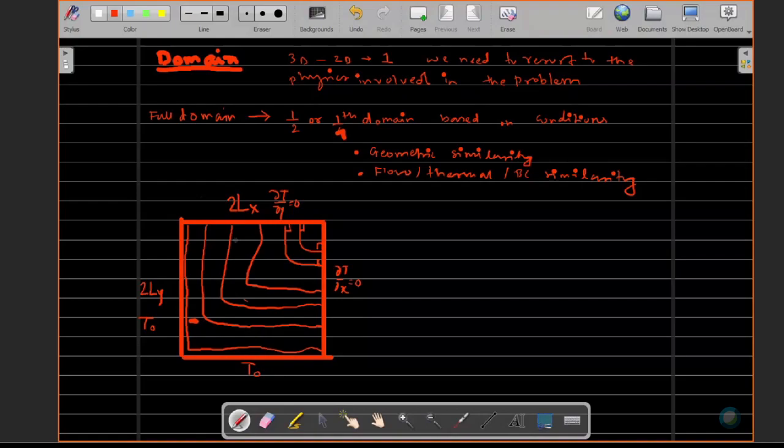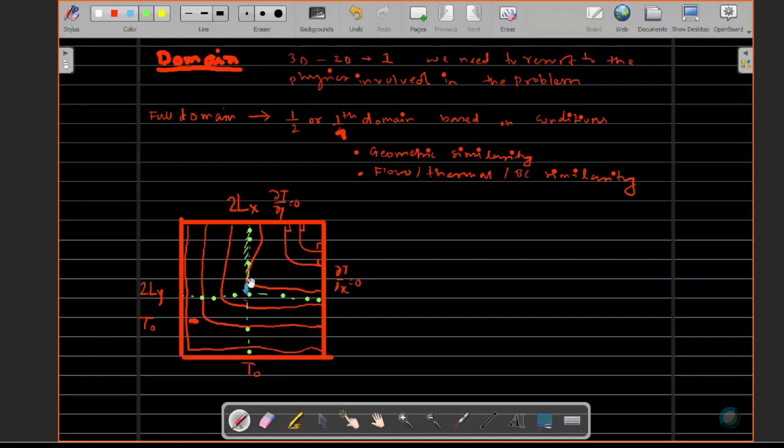Okay. So now you see, if I cut this domain into, say, four domains, you don't see any similarity in the flow. Whatever the flow is here, it is not a mirror image of this flow.